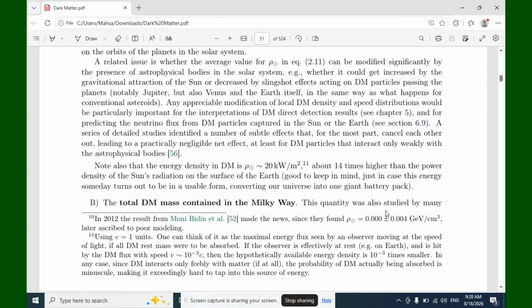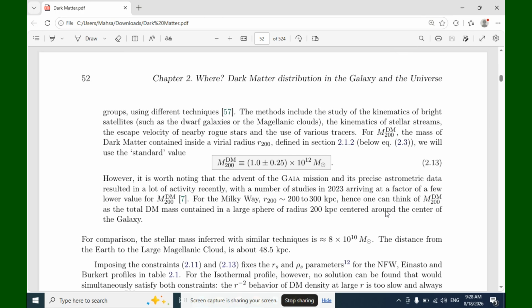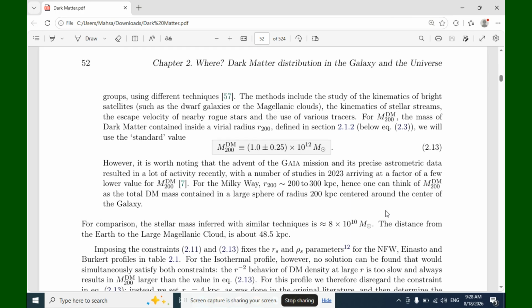The total dark matter mass contained in the Milky Way was also studied by many groups using different techniques. The methods include the study of the kinematics of bright satellites such as the dwarf galaxies or Magellanic Clouds, the kinematics of stellar streams, the escape velocity of nearby high-velocity stars, and the use of various tracers.